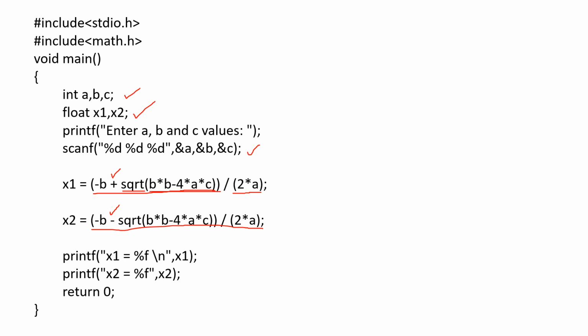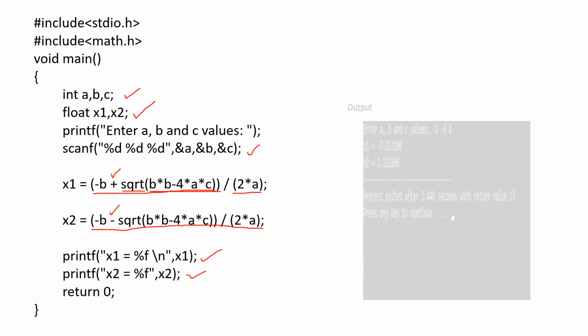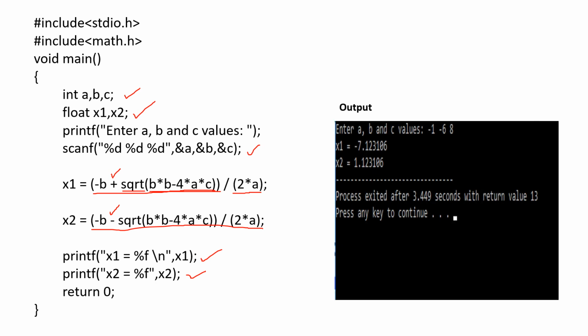And then we are printing x1 value is equal to percentage f of x1, x2 value is equal to percentage f of x2. This is the program. Now you see what is the output. It is asking to enter a, b, c values. Let us say we are giving minus 1 for A value, minus 6 for B value, and 8 for C value.